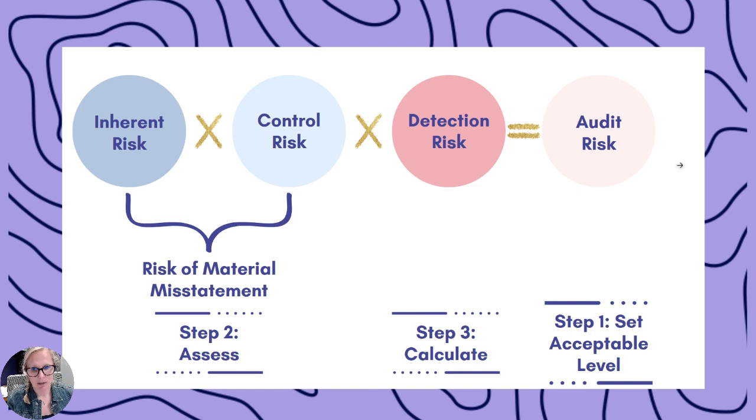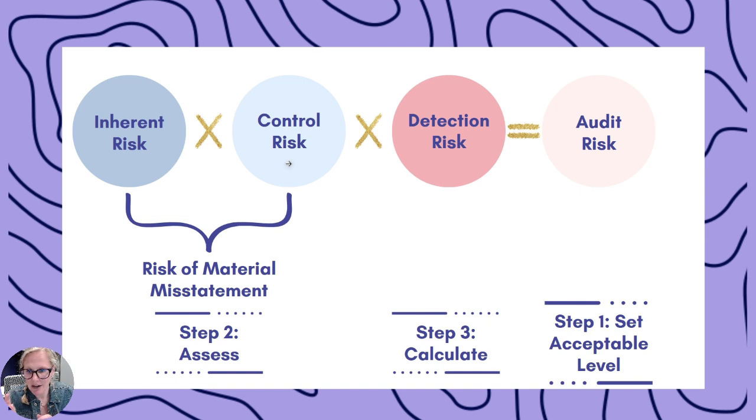Then the next step is we have to assess our risk of material misstatement. Now, risk of material misstatement is simply our inherent risk, or IR, times our control risk, or CR. So those two things together is called the risk of material misstatement. And what that means is, within the client that we are auditing, how much risk do we see?